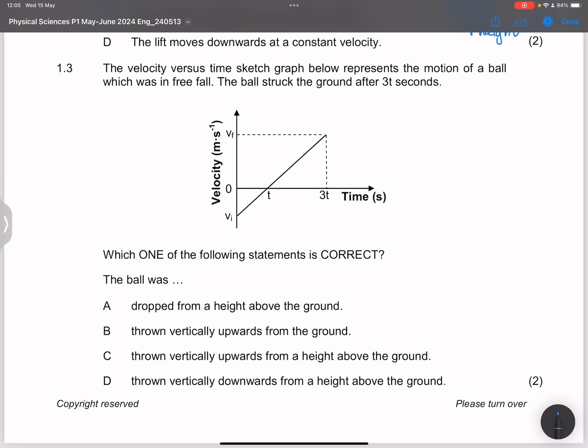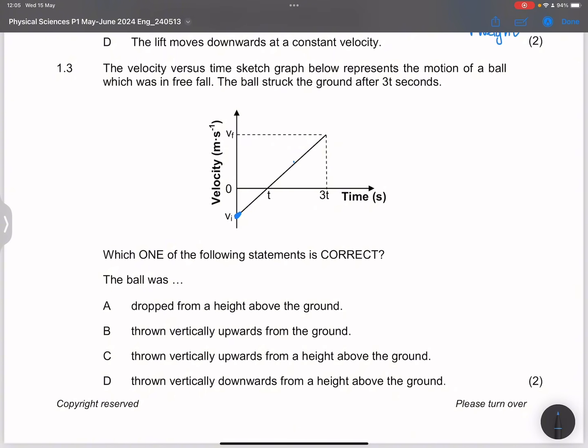I would say not dropped, but actually thrown, because its initial velocity is not zero. So yes, it was above the ground, but it was not dropped. Thrown vertically upwards from the ground is not true, because I can see that where we threw it from, it didn't come back to the same place, but it actually passed it.